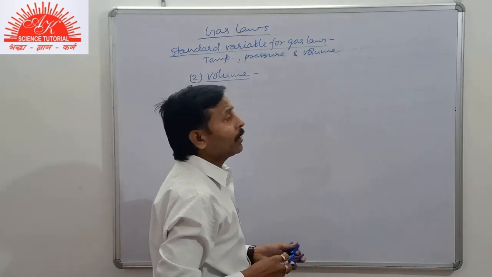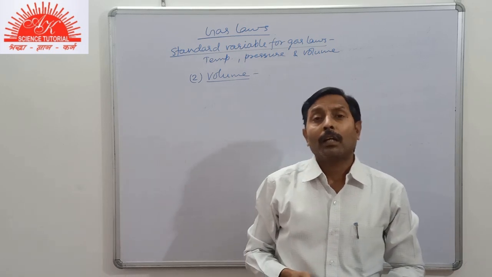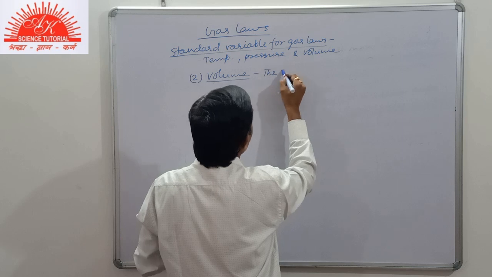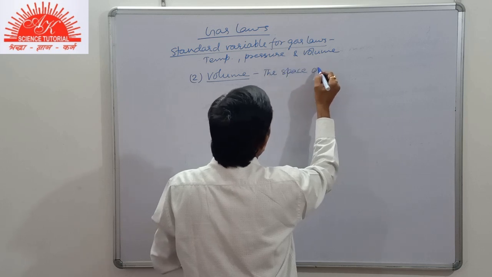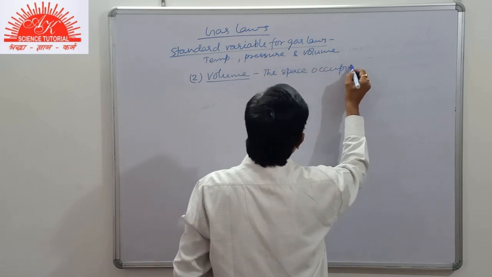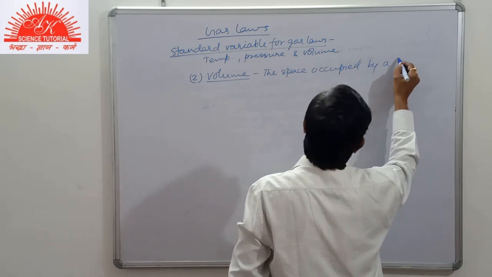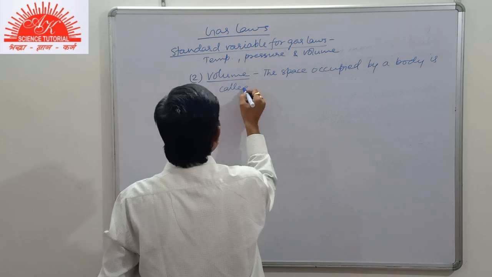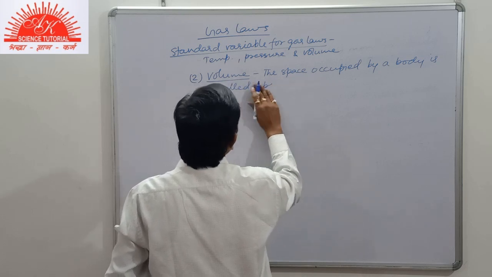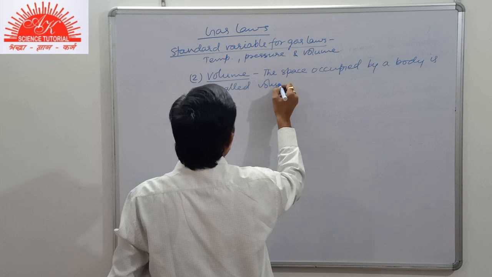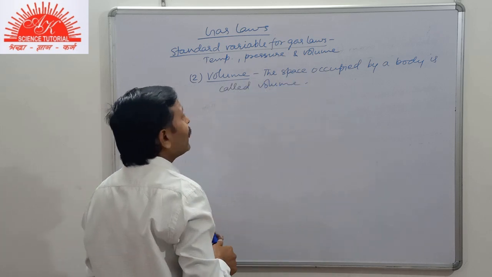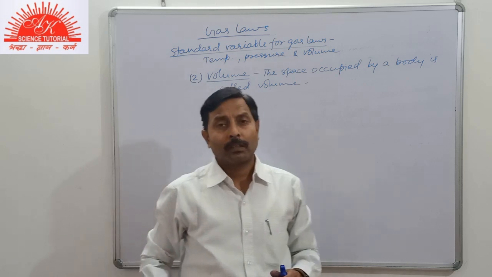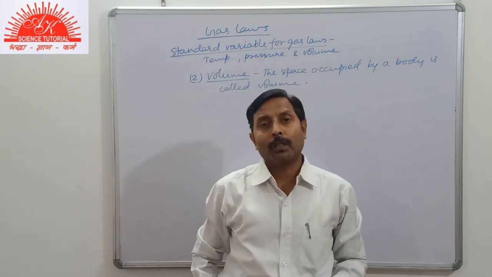As we know, this is the basic definition: volume is the space occupied by a body is called volume. The space in which the body is kept is known as its volume.